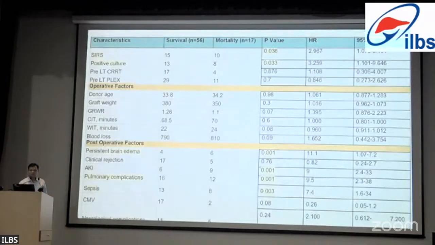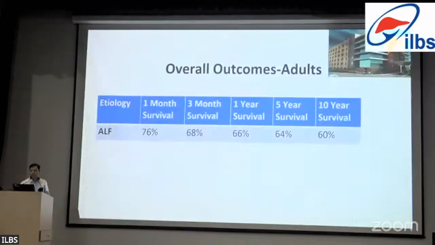Along with SIRS and positive culture, sepsis is one constant factor contributing to mortality in both adult and pediatric recipients. Among the post-operative factors, persistent brain edema, AKI, pulmonary complications, and sepsis all obviously contribute to mortality.